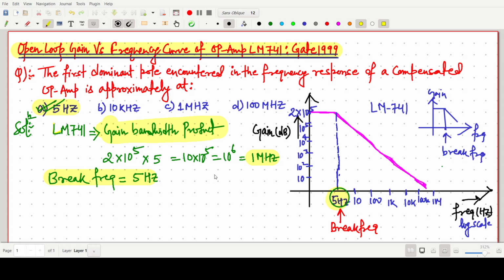Manufacturers generally specify the gain bandwidth product.